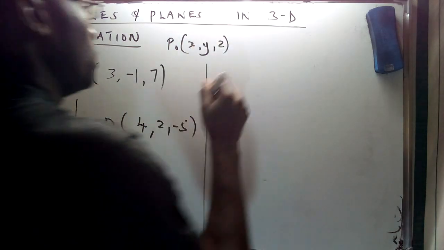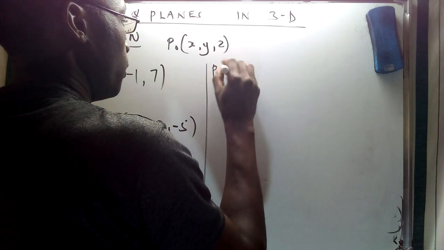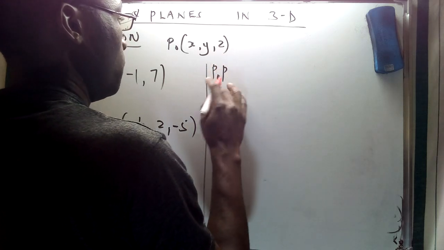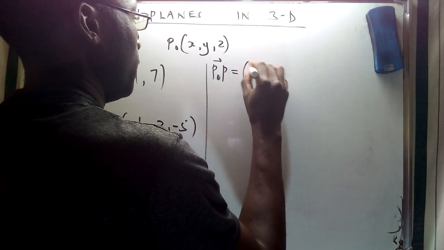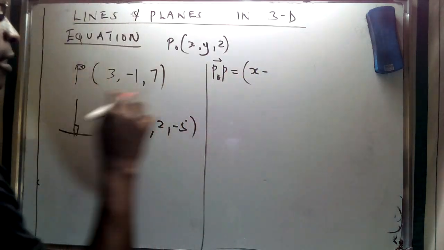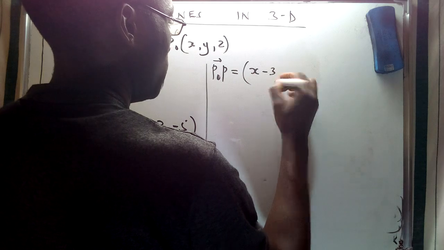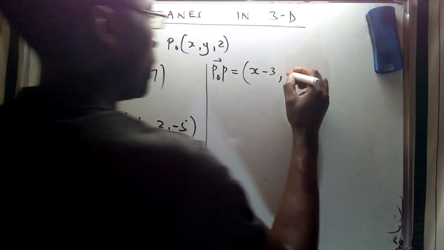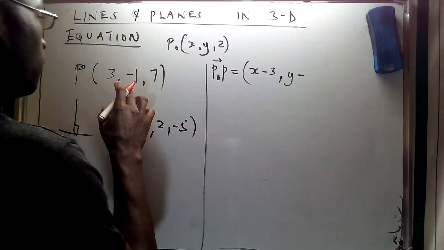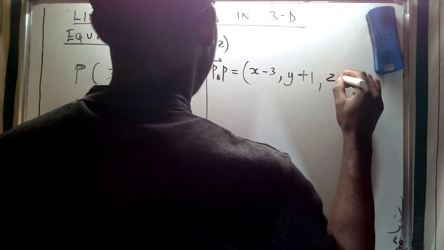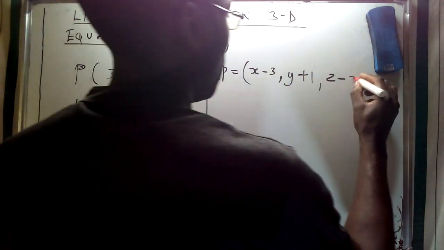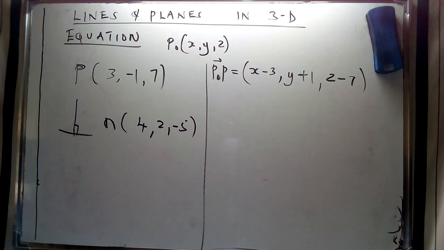The vector created by PP0 can be given as x minus 3, then y minus the y value of this point, so it's plus 1, and then z minus 7.